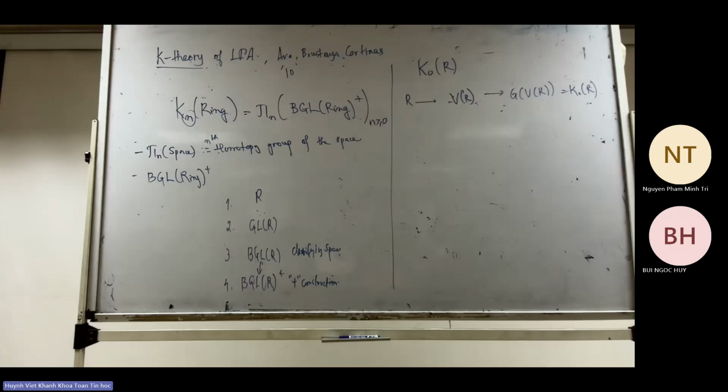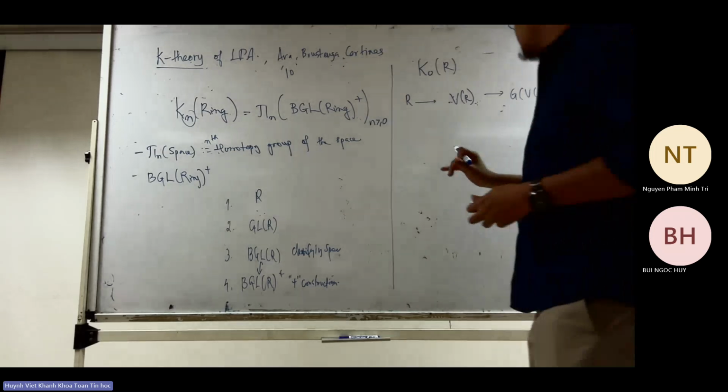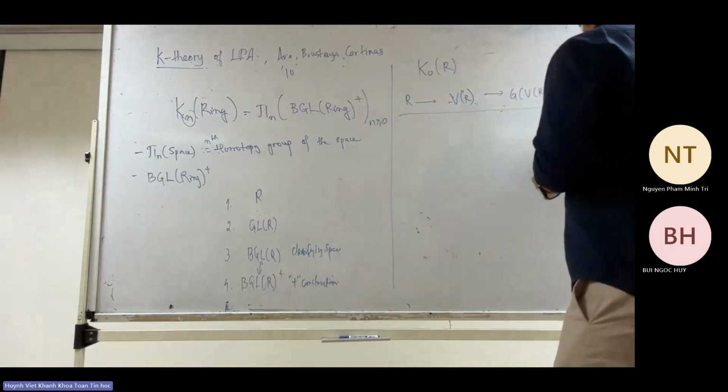This is the most classical way of doing this. Take a ring R, take the monoid of isoclasses of all finitely generated projective modules over this ring R. Then take the group completion of that monoid, and that is essentially nothing but the K0 of that ring.